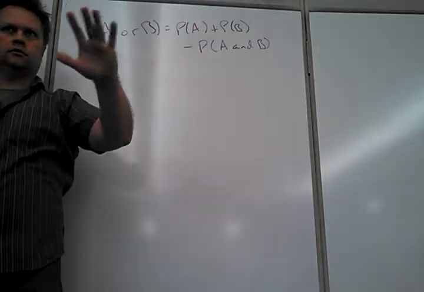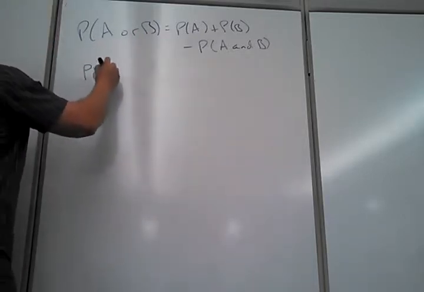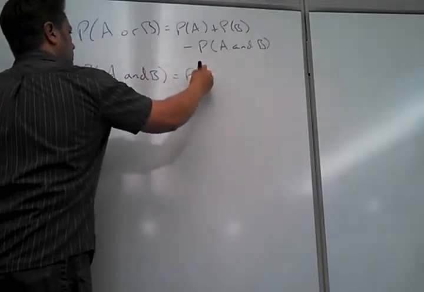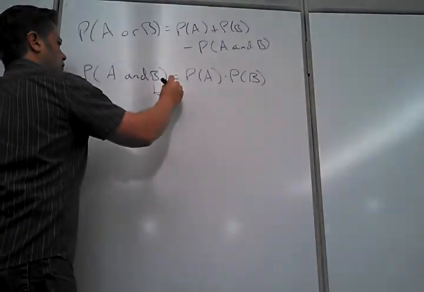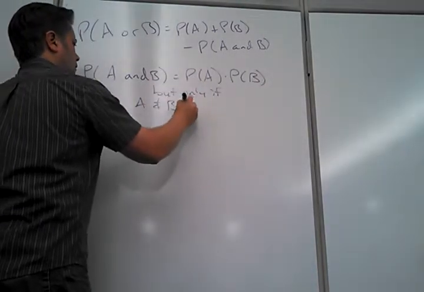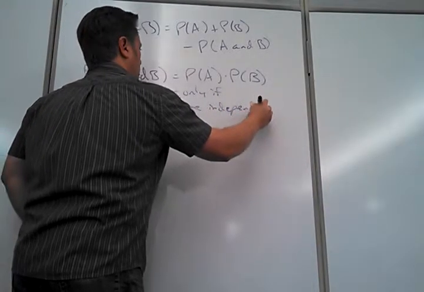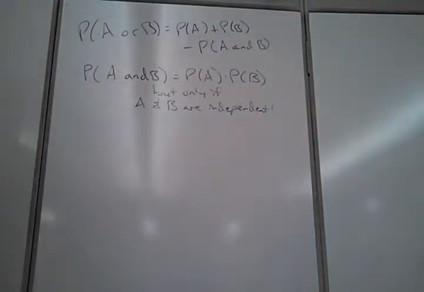How are we doing so far? Okay. We talked a little bit about, and I don't think I really finished this idea out, but and is basically multiply, but only if A and B are independent. Only if one does not affect the other one.